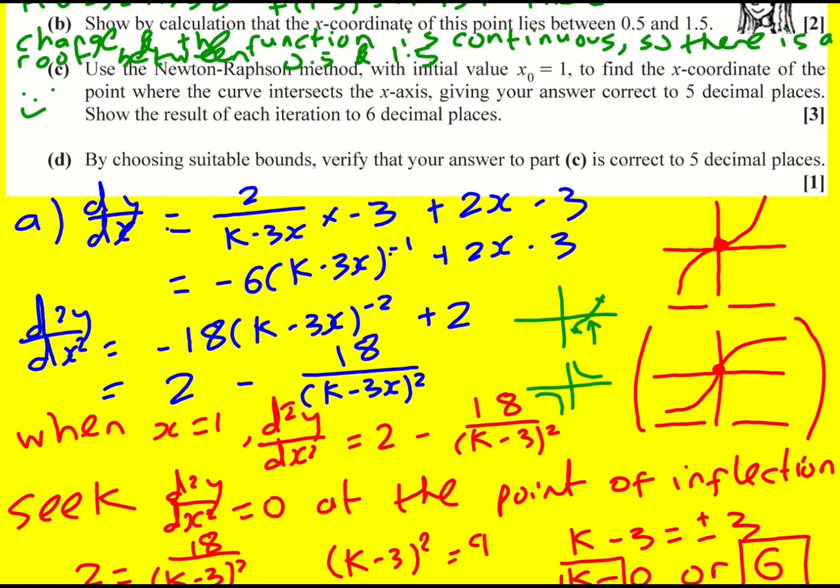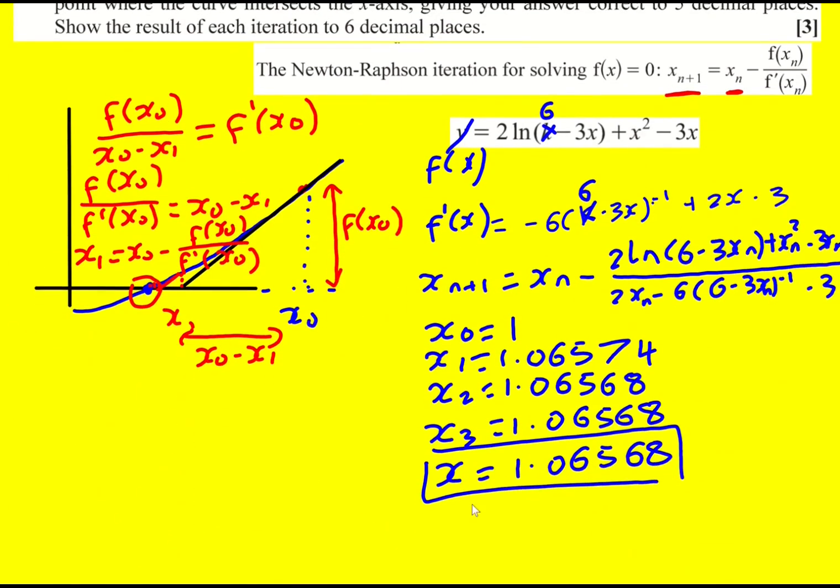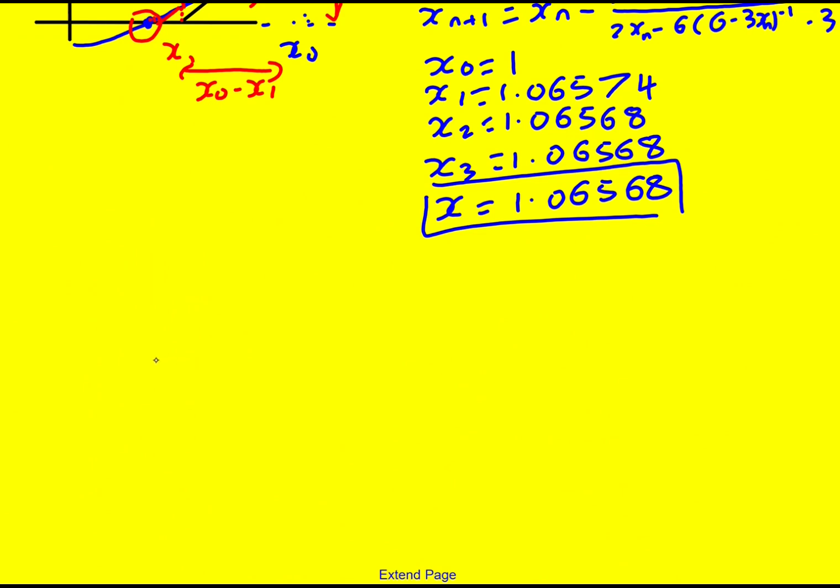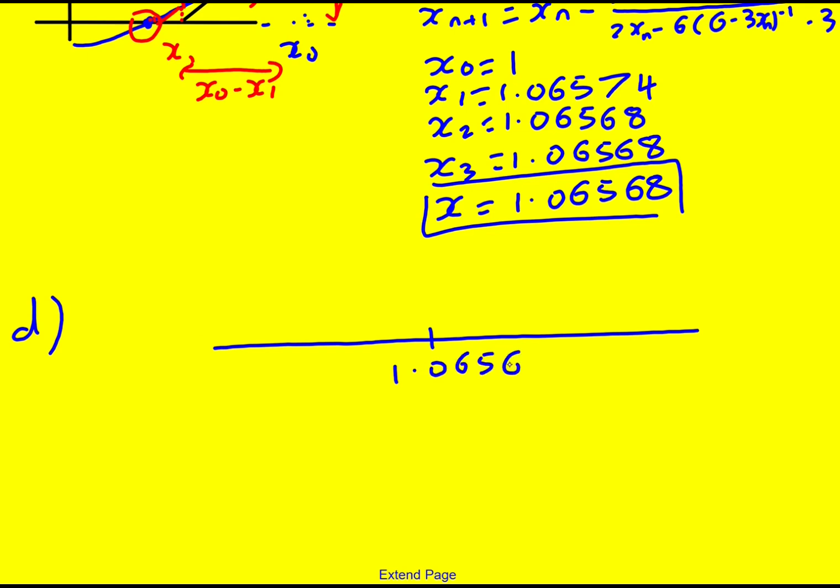Finally, by choosing suitable bounds, verify that the answer is correct to 5 decimal places. So this is just a slightly technical thing we need to think about. I've got a number line, I've got 1.06568, that's to 5 decimal places.